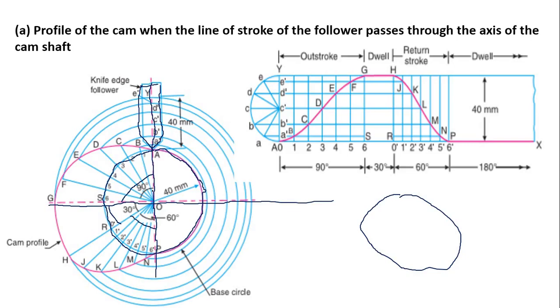Now we require to divide this 90 degree into 6 equal parts, that is 15 degree each. Put a protractor here and mark at the base circle of the cam. This is at the 15 degree, this is 30 degree, this is 45 degree, this is 60 degree, 75 degree, and this is 90 degree.